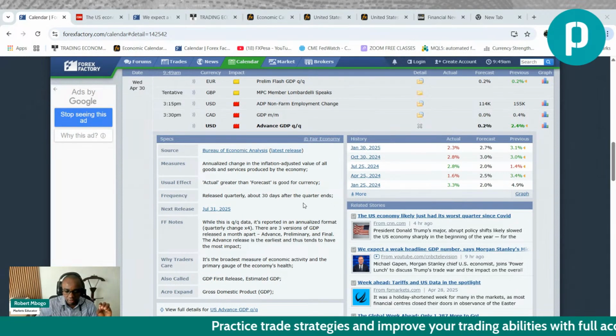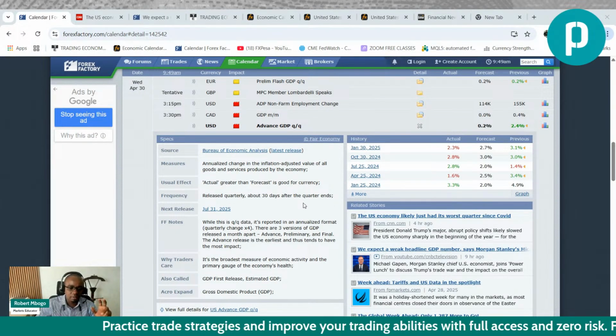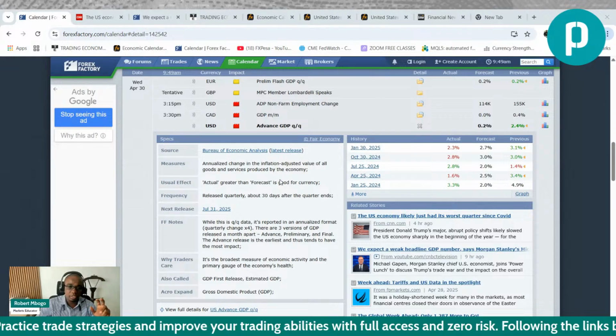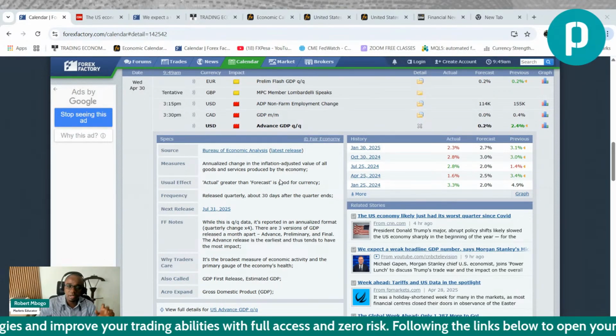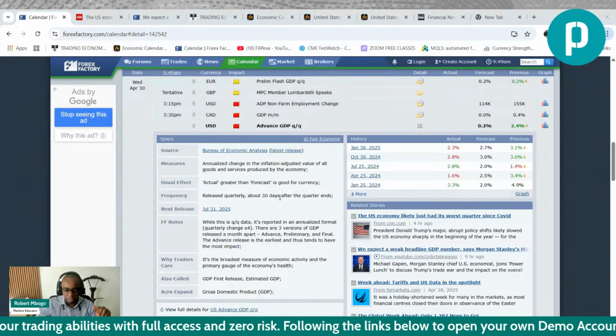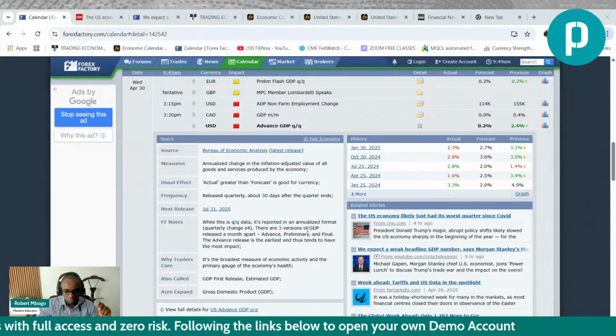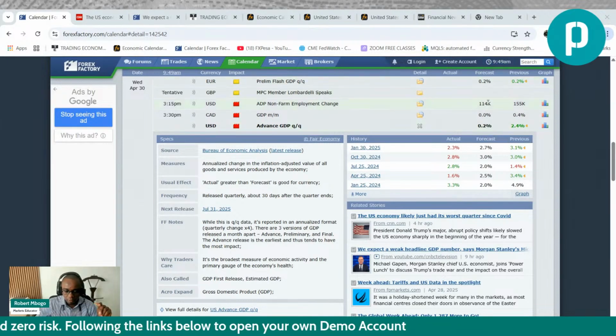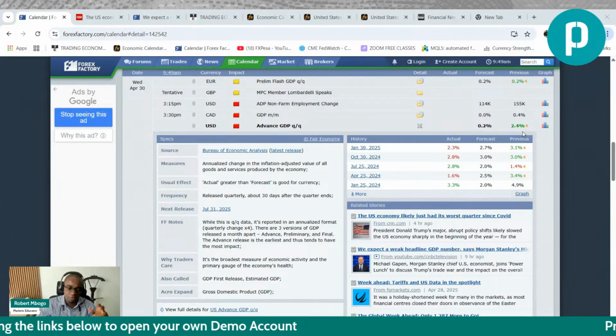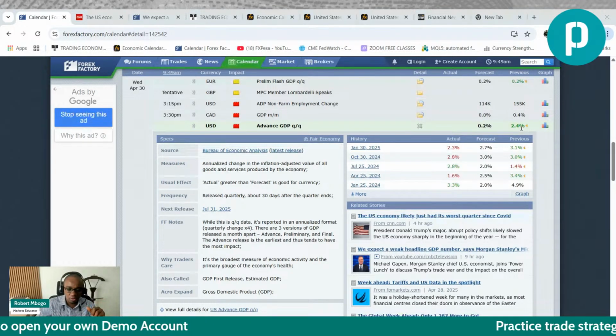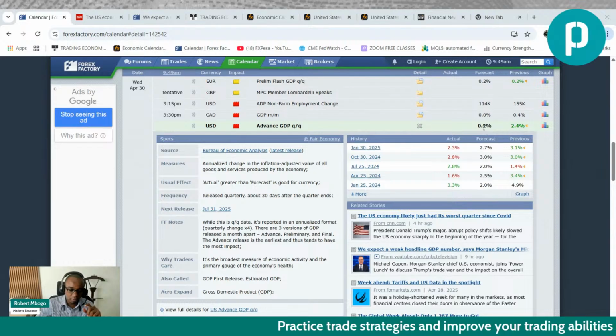So the GDP, guys, there's a projection that there could be a slowdown in GDP due to the tariff wars and the uncertainty thereabouts. So let's see how that will come out. The forecast is 0.2%. Kindly look at this. The previous number was 2.4%. Now this time around, traders are expecting the number to be very low at 0.2%.